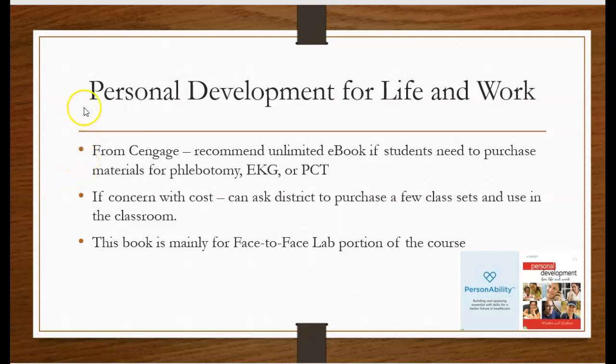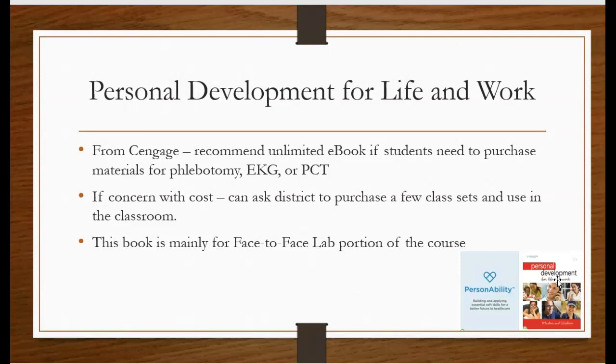Now the second resource, the Personal Development for Life and Work, you are welcome to make this optional. However, if the students are taking phlebotomy or EKG where they have to buy a book through the company Cengage, it would be best for them to purchase the unlimited ebook access, and then they can download this book onto their Cengage courses for this one price.